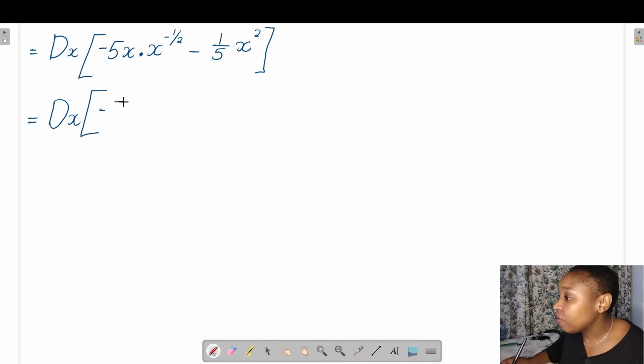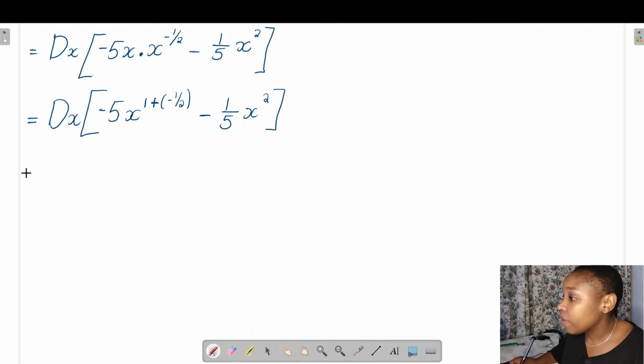So it's going to be negative 5x to the power of 1, because there's a 1 there, minus 1 over 2. Just to make sure that no one gets confused and thinks that we're supposed to subtract, it's 1 plus that negative 1 over 2, minus 1 over 5 x to the power of 2.